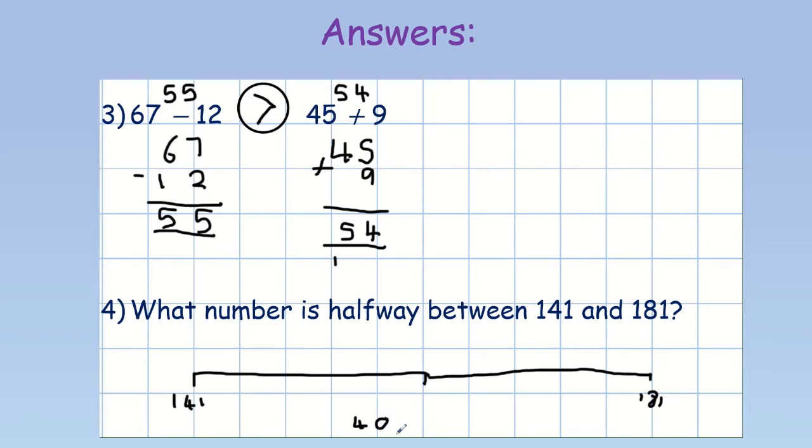So what is half of 40? Well done, 20. So 141, add 20, 5, 10, 15, 20 will give you 161, halfway between. Did you get that right? Excellent work if you did.